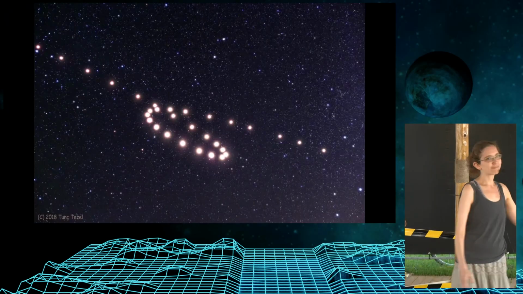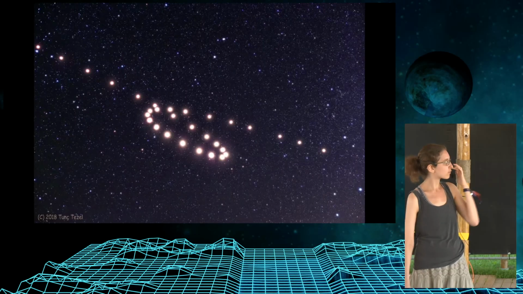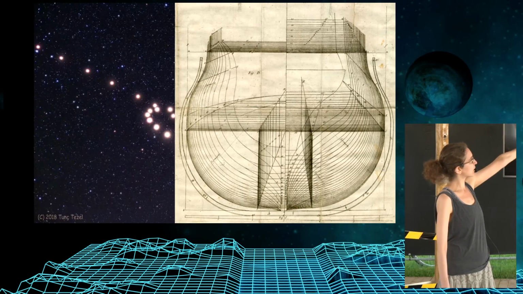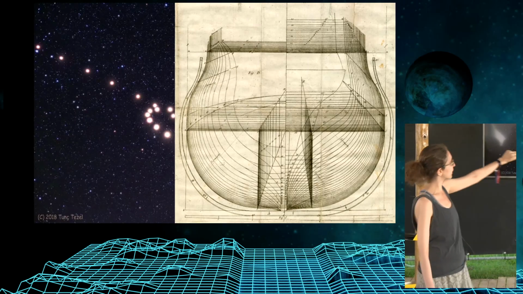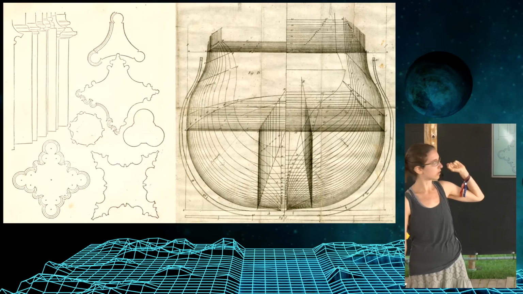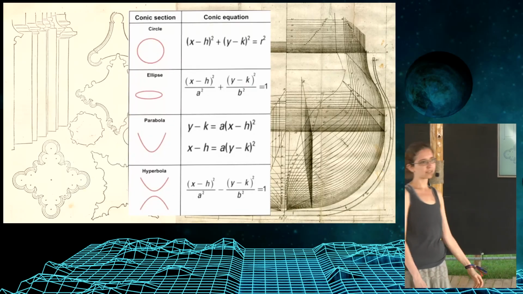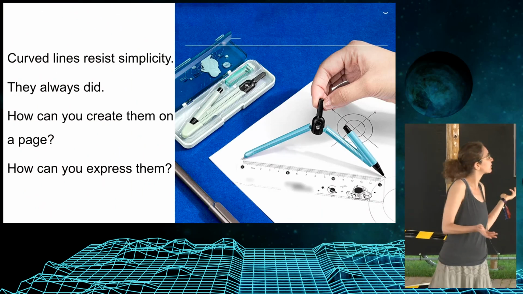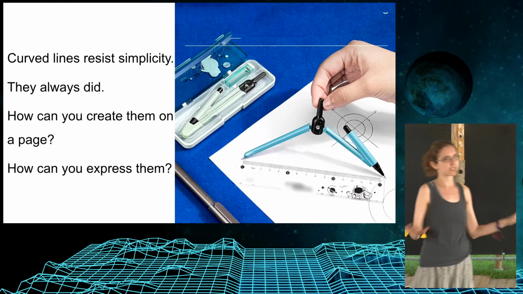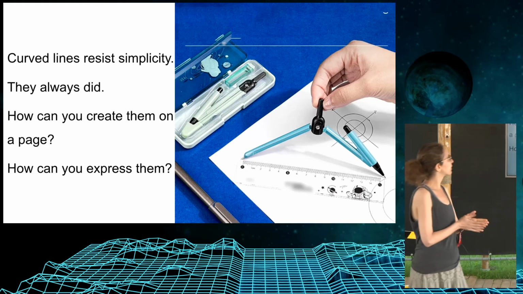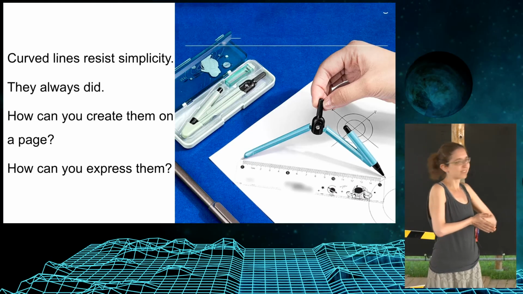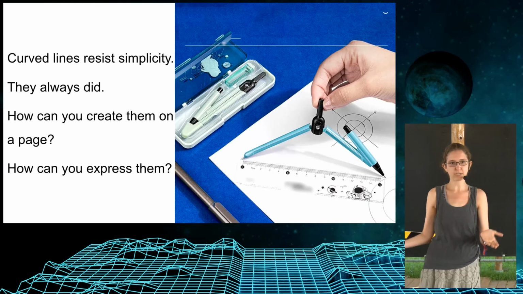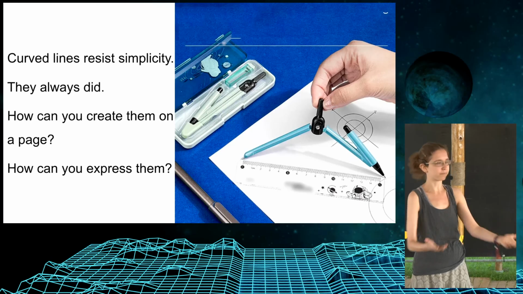We have people thinking about curves from antiquity. They're looking at them when they're thinking about astronomy, shipbuilding, architecture, abstract algebra. But curved lines really resist simplicity. And we want to ask ourselves, how can we create them on a page? How can we express them? And how can we create them on a computer?